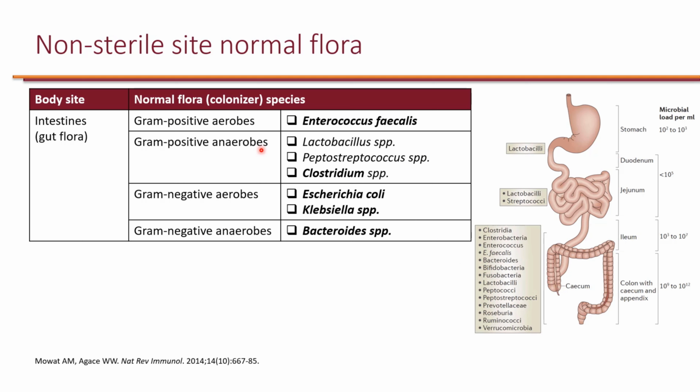A lot of these are anaerobes because this is an anaerobic environment for the most part. But some aerobes can survive here too. So Enterococcus is definitely aerobic and can have a big role here, as well as members of Enterobacterales, so E. coli and Klebsiella certainly reside here.